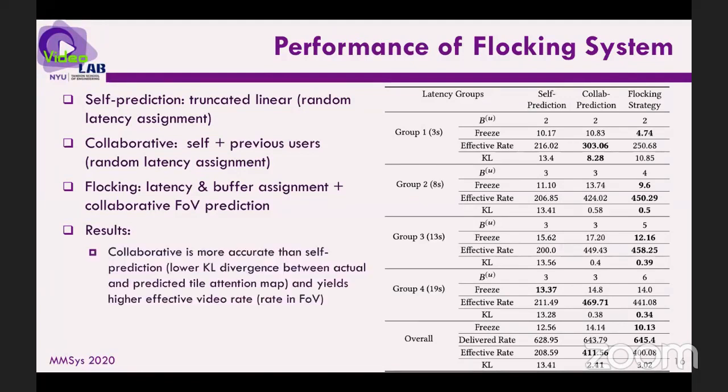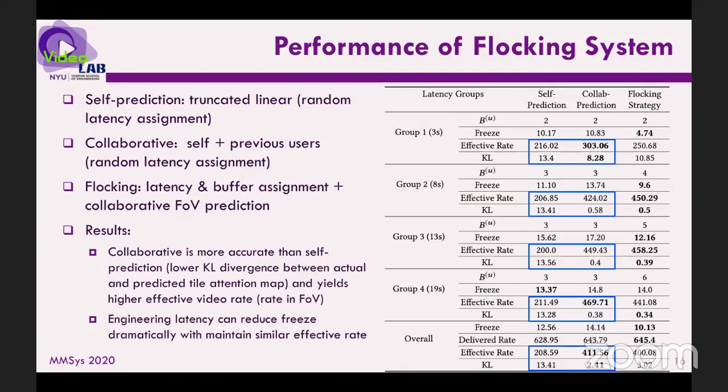As you can see here, by comparing these two FOV prediction methods, on average, collaborative prediction can achieve more accurate FOV prediction with a lower KL divergence between the actual and predicted tile attention map. Furthermore, by engineering the latency among the users, we can reduce the freezing dramatically, as illustrated here, while maintaining a similar effective rate, which is the rate within the FOV.